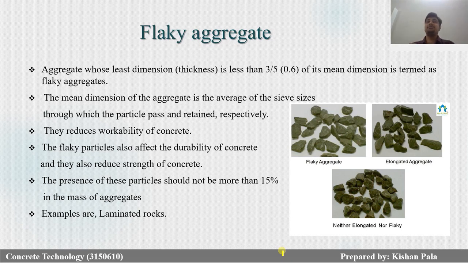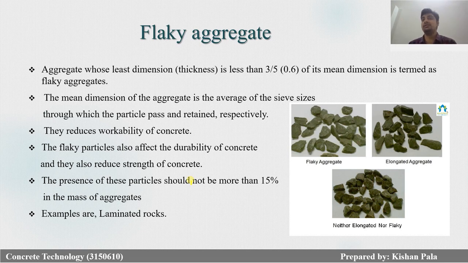Clear? The mean dimension of the aggregate is the average of the sieve sizes through which the particle passes and is retained respectively. They reduce the workability of the concrete. If you are using flaky or elongated aggregate, you will get problems regarding workability, the fresh property of the concrete. Flaky aggregates can also affect the durability of the concrete.